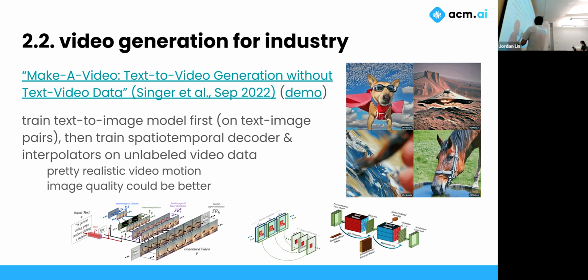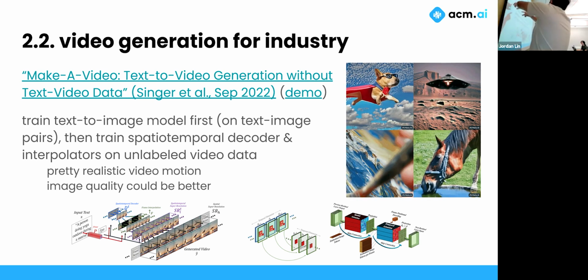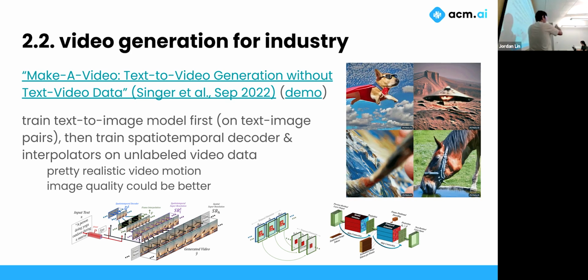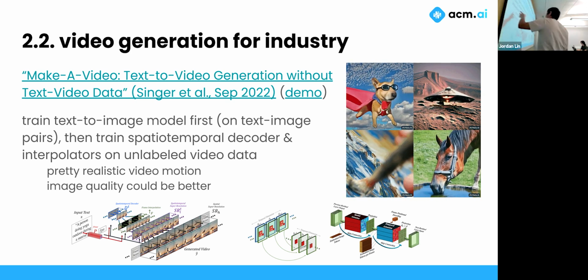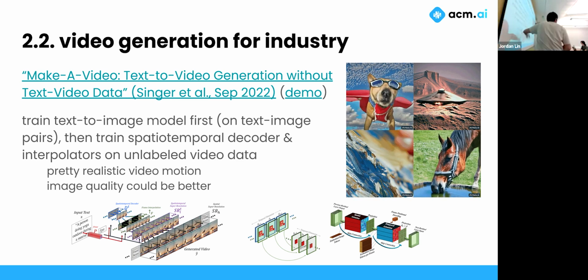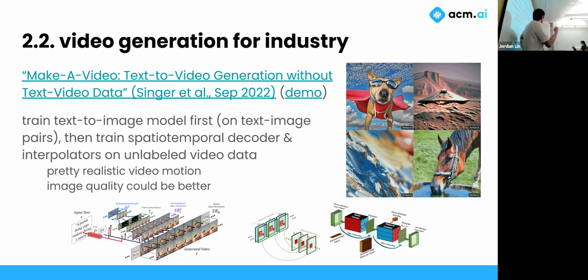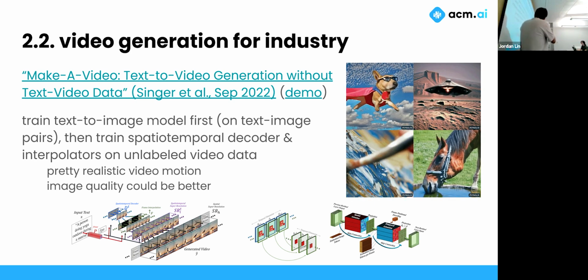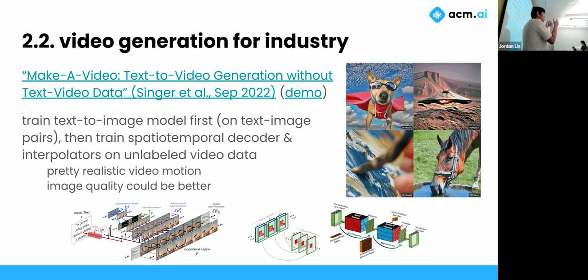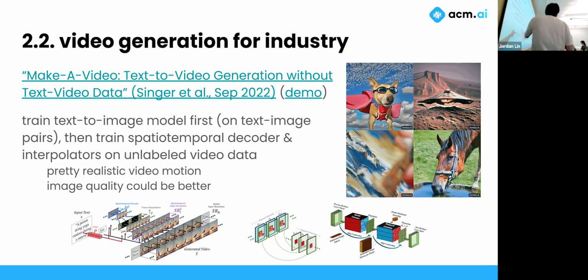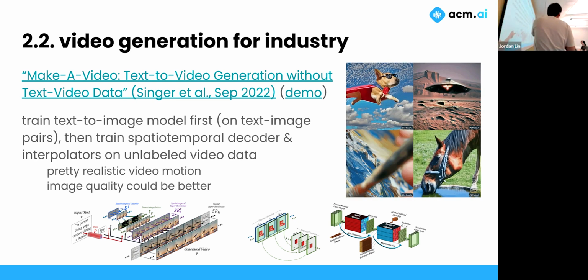The way they do this is they train spatiotemporal decoders that take our original model and add temporal layers to it. They also add interpolators, which they train to take just a few frames to a much longer, smoother video. And even though image quality could be better, it's very good motion for what it is, right?